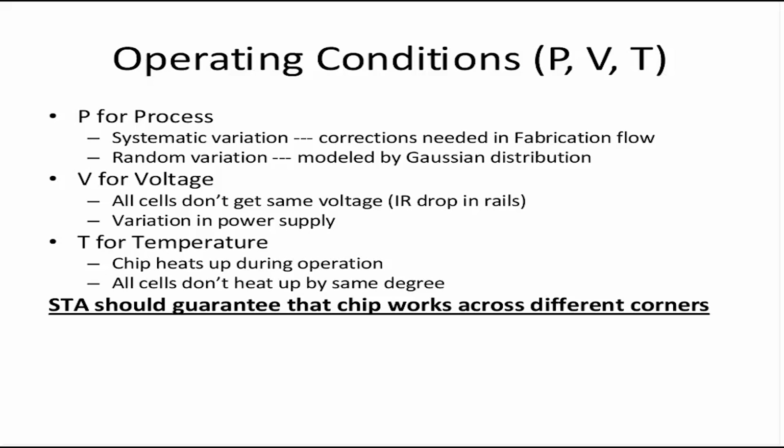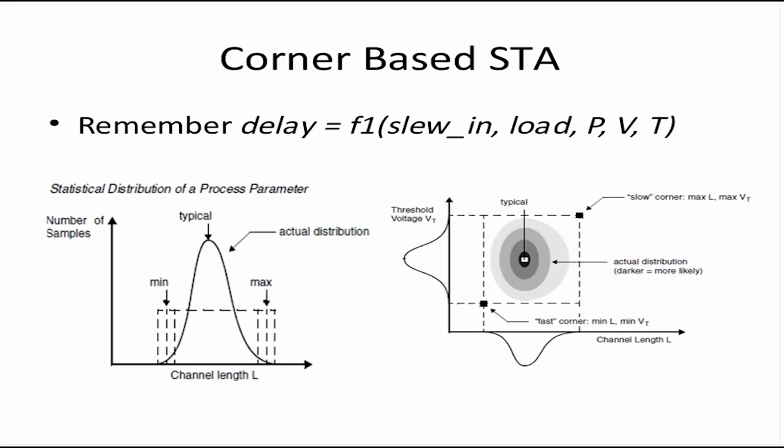I'll probably present one more session on variation, where we will see in what manner variation affects STA. So all the discussions we have in Unit 5 will be focused on corner-based STA. That means we'll have well-defined corners, and on each of these corners we have to make sure that our chip meets timing constraints.